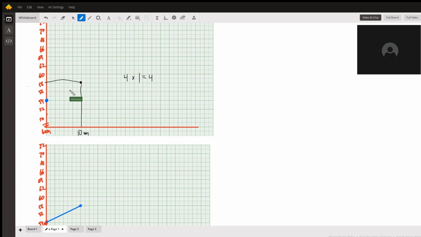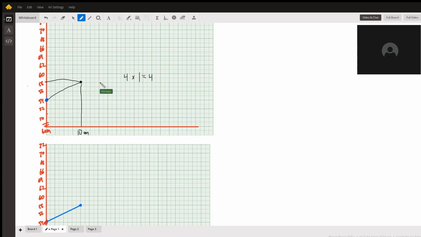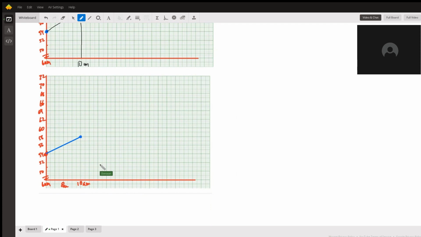So I'll draw a straight line from here to here, and that's exactly what we see here. This is our graphic example of identifying 10 a.m. as my next time and identifying the change of temperature as up to 58 degrees Fahrenheit.